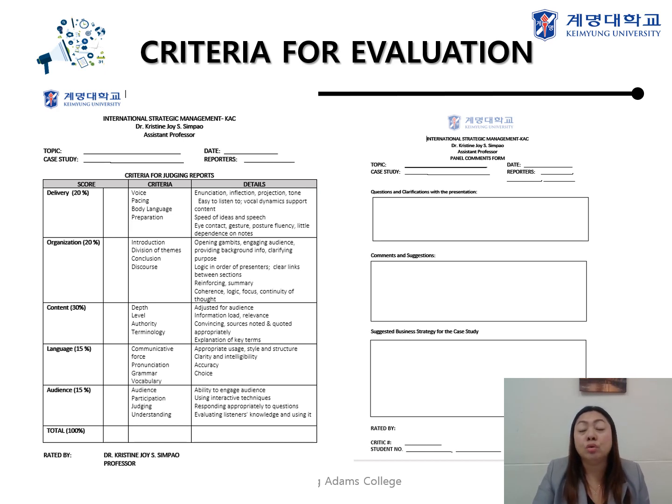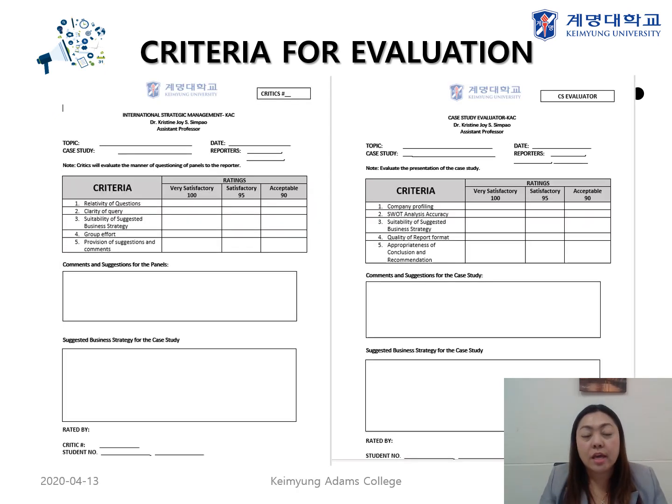Your own business strategy that you think is applicable to the presented case study. So this will be the criteria for evaluation for the panel.